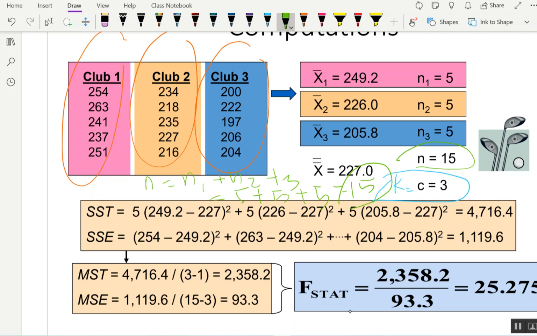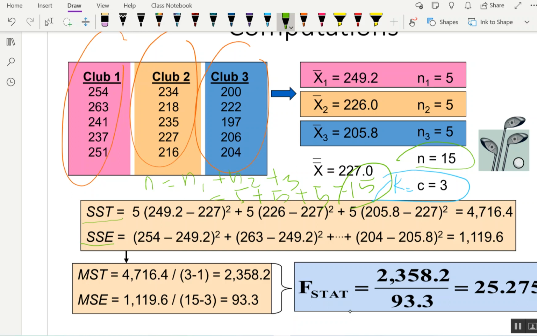You take the X bar, which is 249.2 here, you minus with your grand mean and square it, and you times with what? The sample size here. So this is similar to just now. And here for SSE, a bit different from just now, but basically it's a similar calculation.